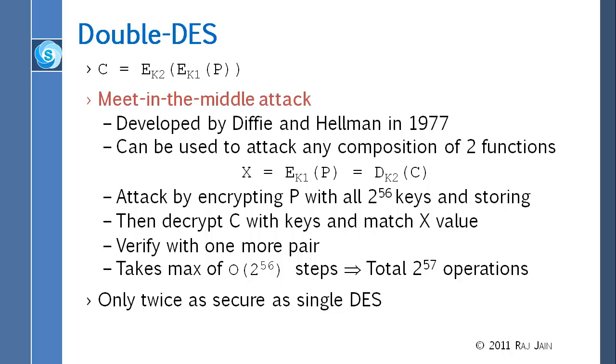And one of the things they did was they showed that in any encryption, if you do a double of it, you don't really benefit. And this applies to any encryption actually. So here's the thing. Suppose the ciphertext is equal to EK2 of EK1 of P, double encryption with key K1 and K2, right?